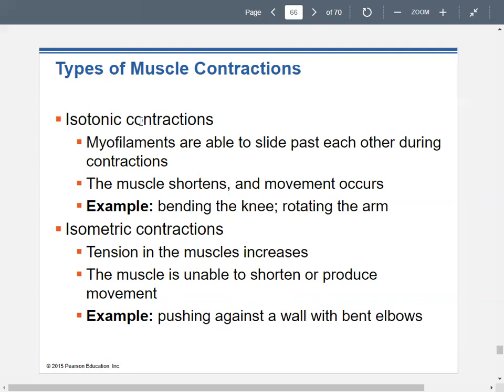So it's again like if I'm pushing against the wall, there's no change in movement. I'm contracting, I'm pushing, and I feel the contraction in my arm, but there's no movement. Okay, so there's not necessarily going to be a change in length of the muscle.